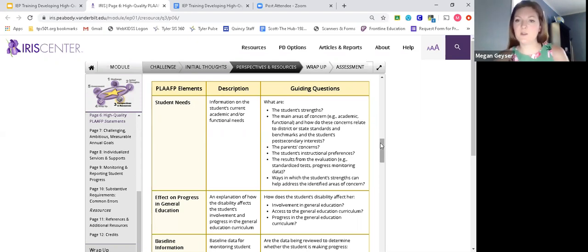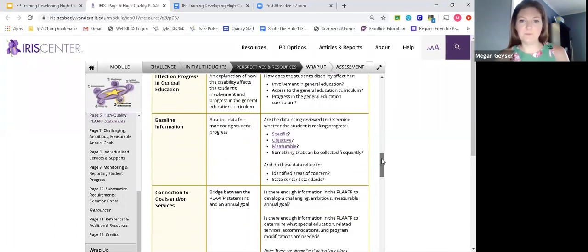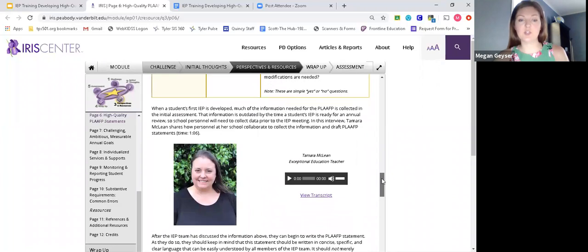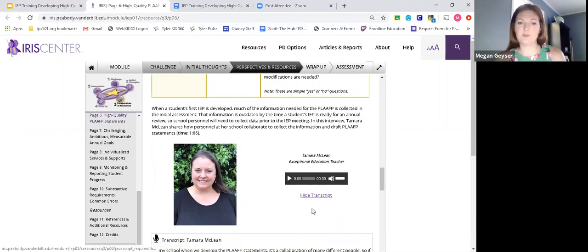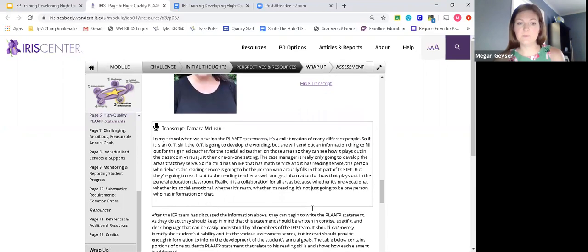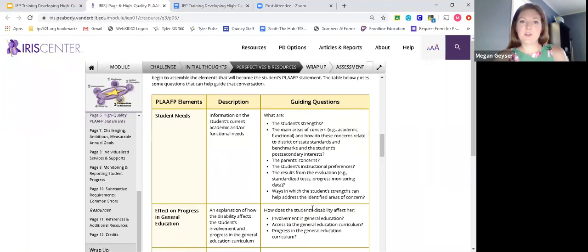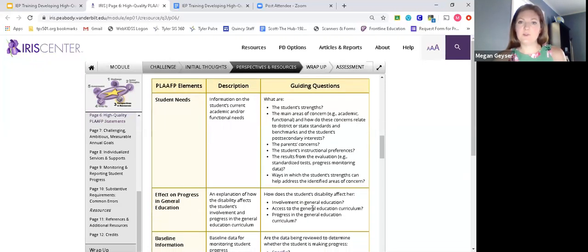And I will say at the very end, and I promise I'll stop talking to give you time to read, at the bottom of the chart, there is a teacher, and she has a little narrative about how she collects data for her PLAAF and what that process looks like for her and her team. And if you don't want to listen to it, they have the option of the transcript that you can read as well. Okay? So I'm going to come on up to the top and give everybody about 5 minutes to read through all of this.